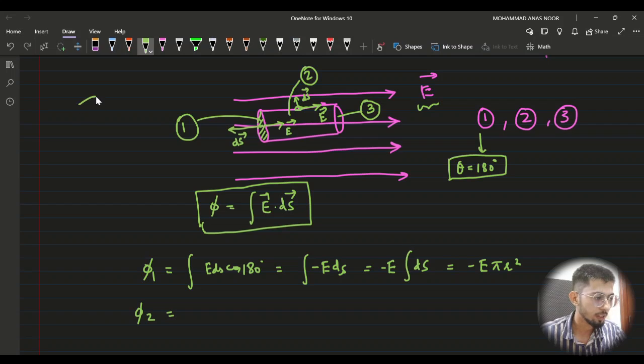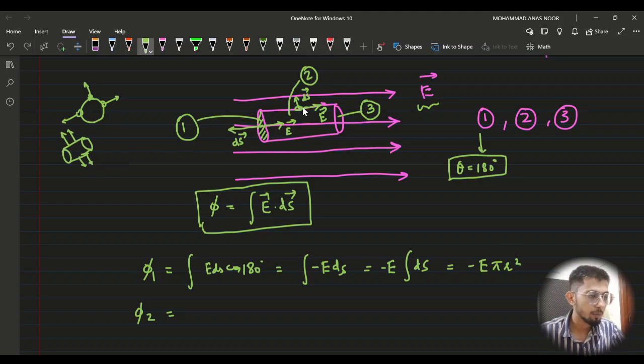It is similar to a circle or a sphere, where ds would be pointing outwards. This is a cylinder, but still a curved surface, so at every point ds would be outwards, and the electric field would always be in this direction.